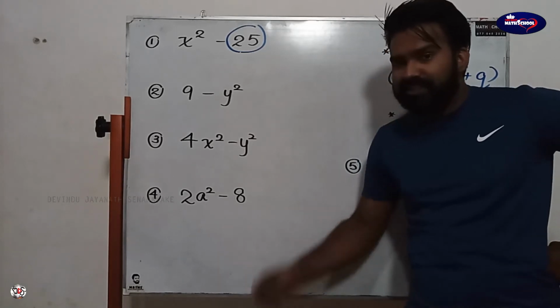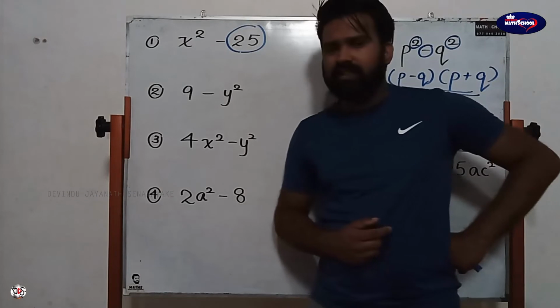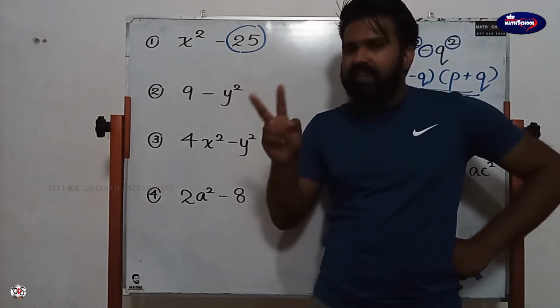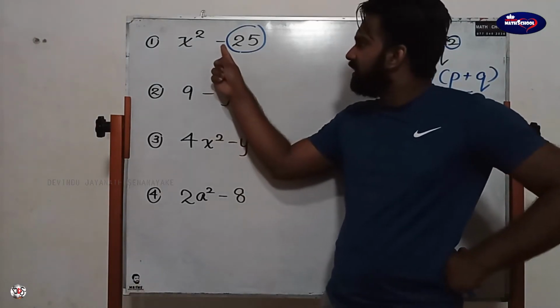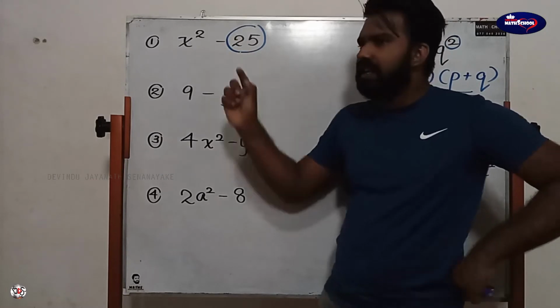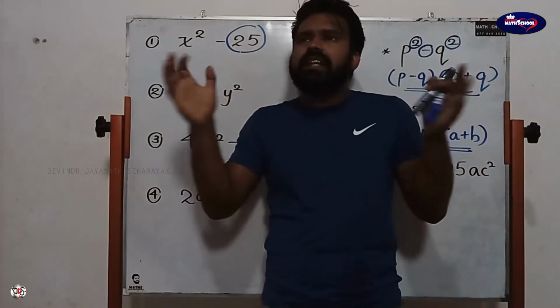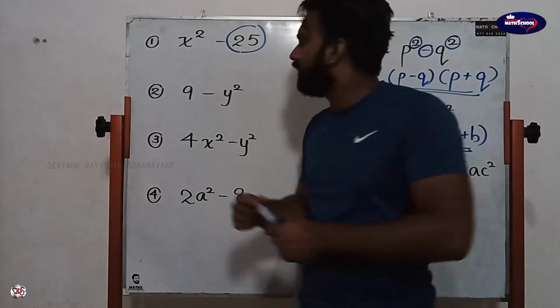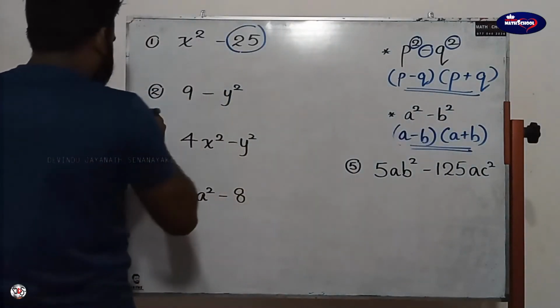So the final method, which we learned today. What is it? If we have the difference of two squares, that is, squares on both sides with a subtraction symbol in the middle, here we can create this.